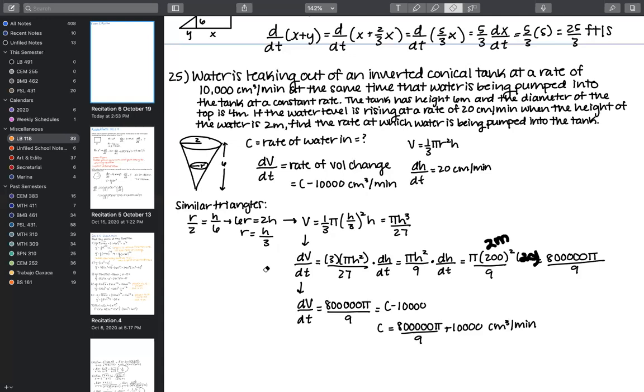For the volume, the same thing. If you're taking the derivative of pi h cubed over 27, why didn't you do the quotient rule? Like you didn't do 27 squared. Well, you could do that, but 27 is not a function. So you could go through the motions, but you would just be giving yourself extra work. It would be the derivative of the first times the second minus the first times the derivative of the second, and the derivative of the second would just be 0.